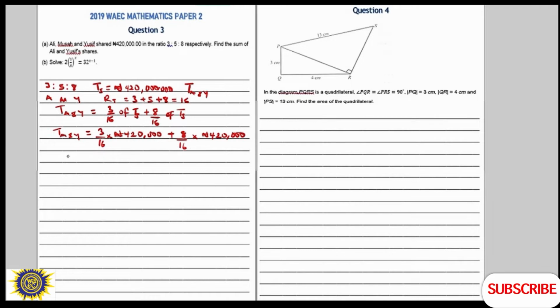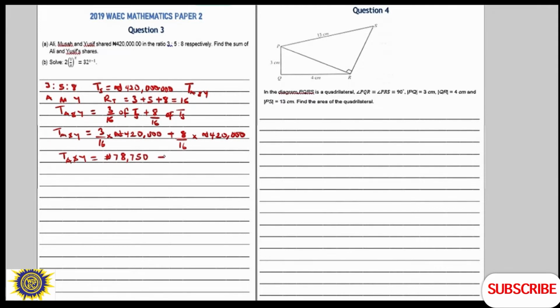So when you press this on the calculator, what do you have? 3 times 420,000 divided by 16 will give you 78,750.